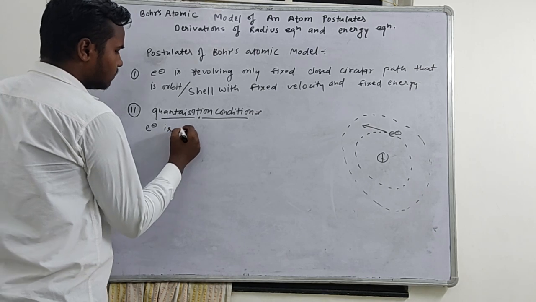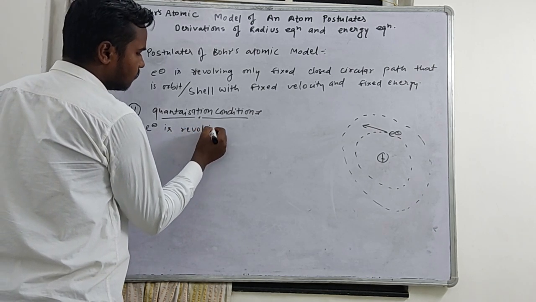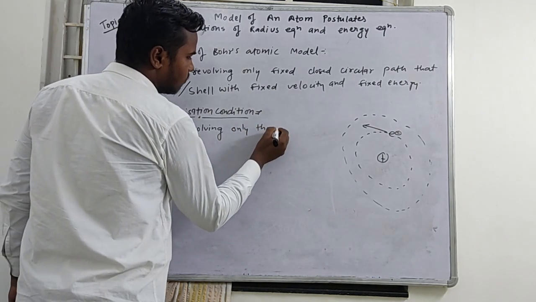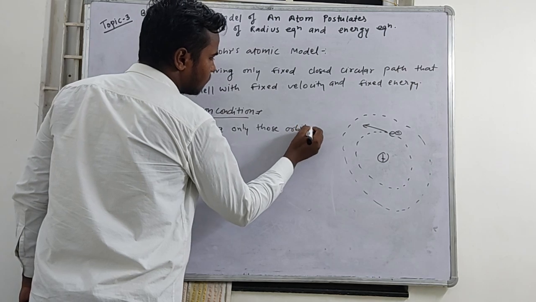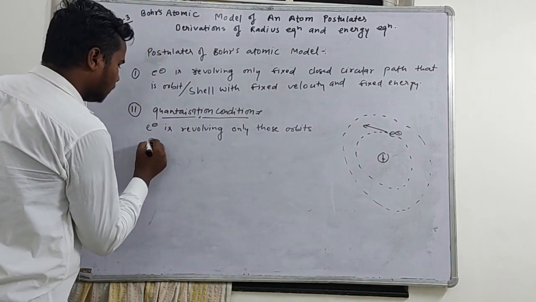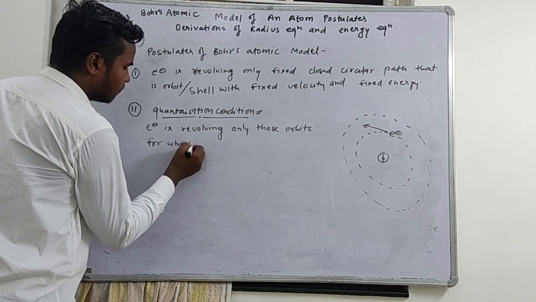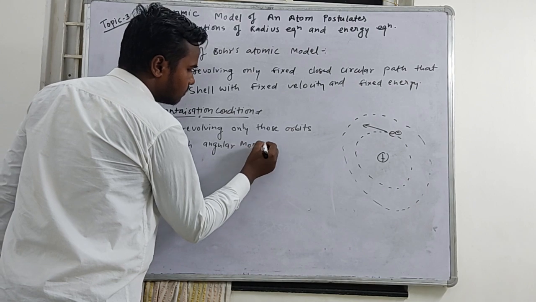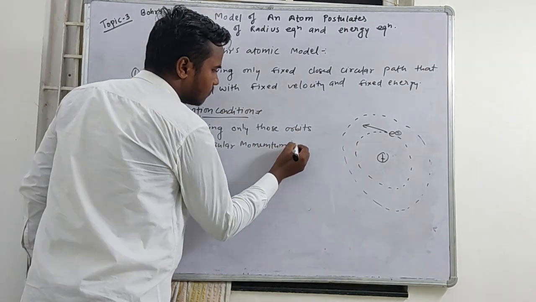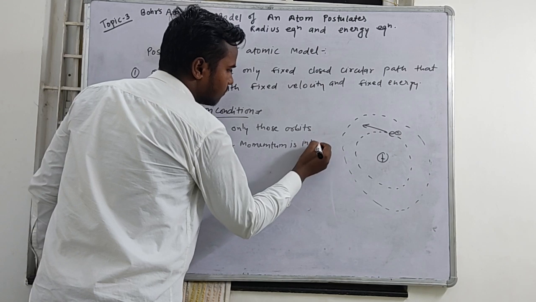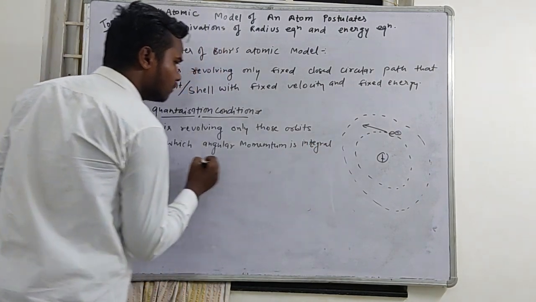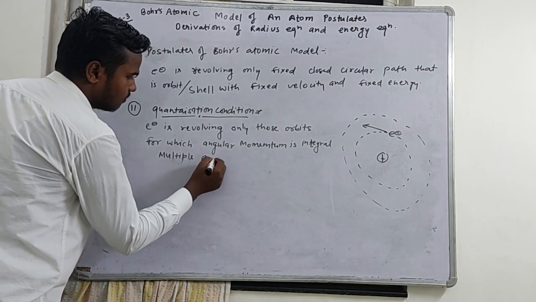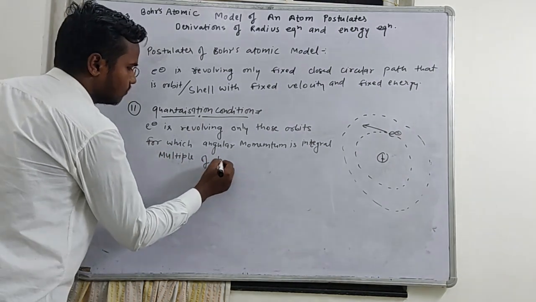The electron is revolving only in those orbits for which angular momentum is an integral multiple of h upon 2 pi.